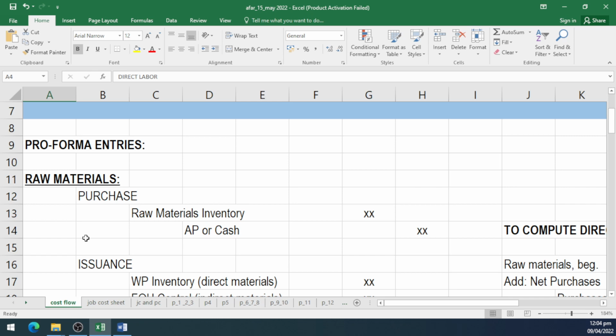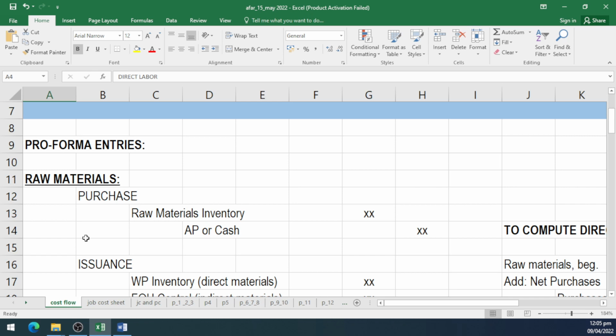Some materials na ginagamit maaaring insignificant or not integral portion or part of the finished product. They are indirect materials. Traditionally, the raw materials account is maintained for both direct and indirect materials.